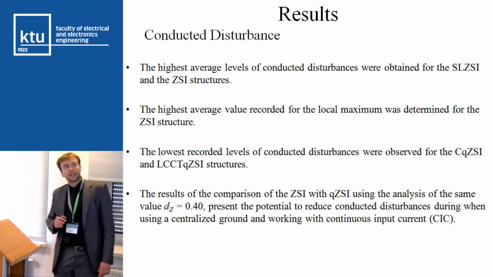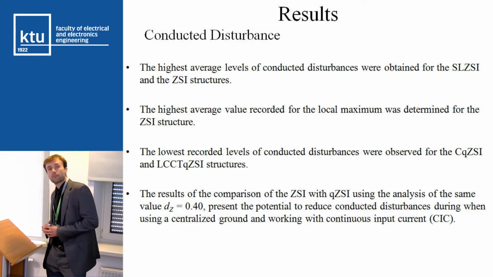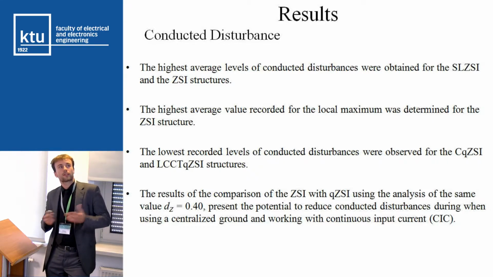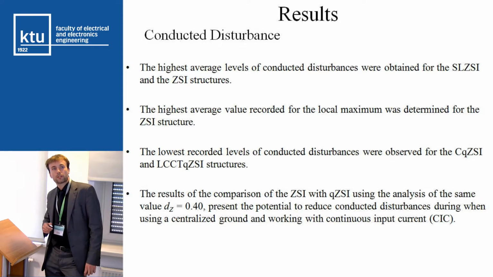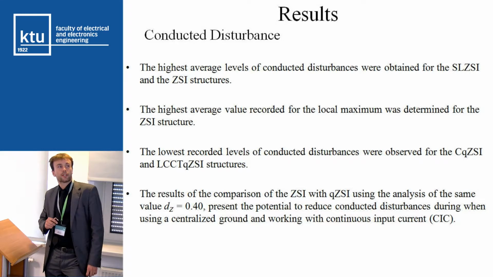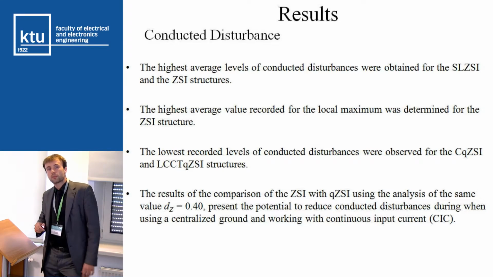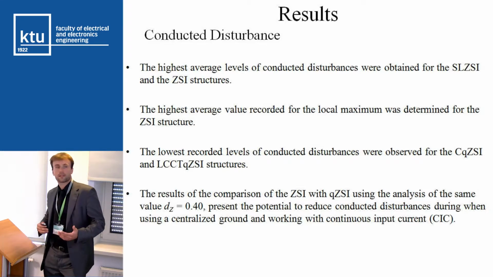Conducted disturbance: the highest average level of conducted disturbance was obtained for the switched inductance Z source inverters. The highest average value recorded for the local maximum was determined for the Z source structure. The lowest recorded levels of conducted disturbance were observed for the cascaded quasi-Z source and the LCCT quasi-Z source.